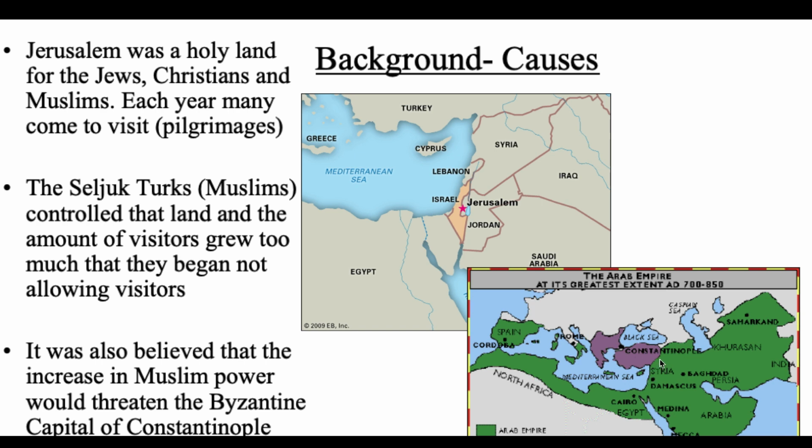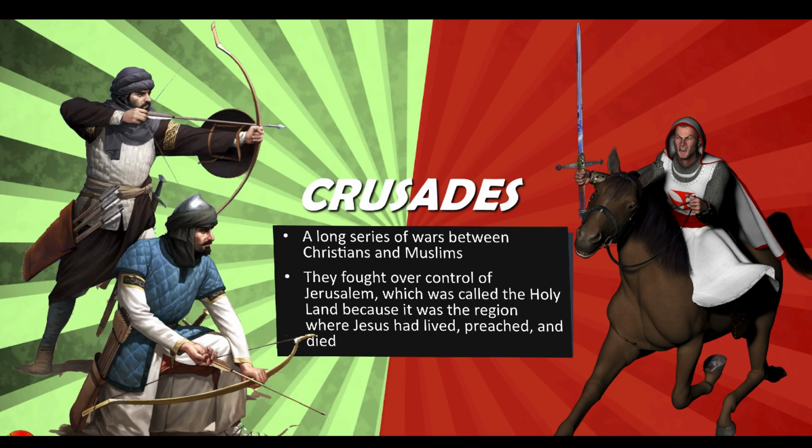We notice how close these territories are. The ruler of the Byzantine Empire was concerned about the growing power and spread of Islam. So they wanted to recapture this holy land in Jerusalem, east of the Mediterranean Sea. So what do you do? Naturally, they want to start a war. The Crusades were a fight for control over this region.